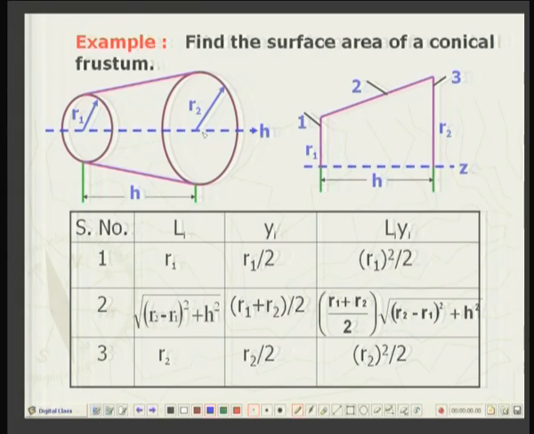Suppose I consider this example which consists of a generating curve which has 3 segments. Segment number 1, which is a vertical line, segment number 2, which is a slant line, and segment number 3, which is the vertical line again.